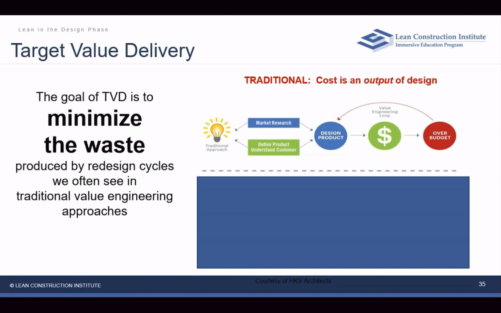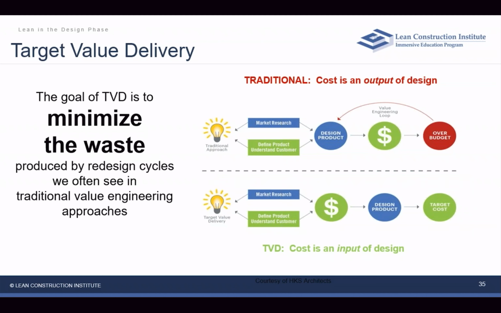So it's causing this rework. The cost is an output of the design. You finish your work before I start mine, mentally. That's that whole thought from an estimator and from the construction perspective: you guys finish your work and I'll start mine. Early commitment to design solutions happens in silos, and that design is then what determines the cost later.